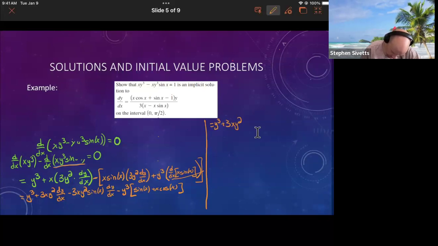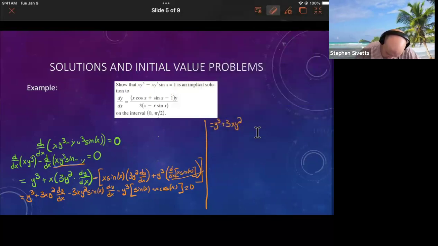And this should equal 0, by the way, the entire left-hand side. No, actually, let me do this.